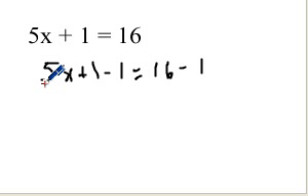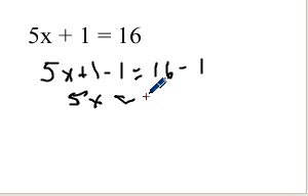So now to simplify, I've got plus 1 minus 1, so that's 0. So I'm just going to leave that out. I could add 0, but it's not going to matter. I'm left with 5x equals 16 minus 1 is 15. Now again, I've got to isolate x, so because this is multiplying 5 times x, now I'm going to do the opposite of multiplying, which is dividing.